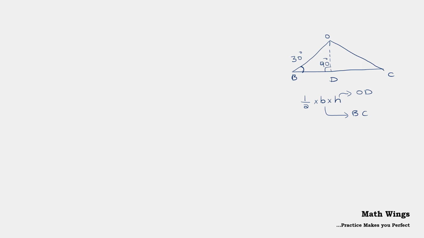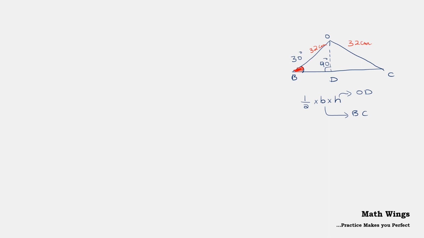So when we have it like this, what formula or what concept can we use here? Also, we know that OB, that is the radius of the circle, is equal to 32 centimeter, right? Now, observe here that we can use sine of angle theta as well as cos of angle theta to find the value of BD and OD.